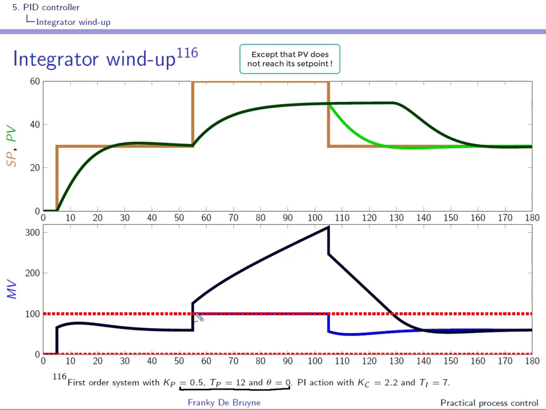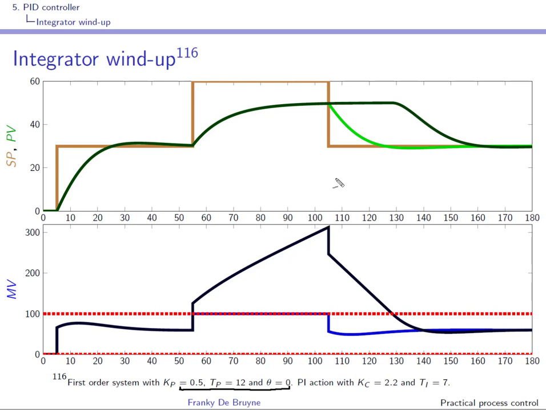But of course MV is limited, and what you see here is actually the open loop response of the system. It will evolve to a value of PV that is 50, since the gain of the process is 0.5. We have 100 here, so we'll have 50 over here, and this time constant is the time constant that we see over here, right? But the indication of wind up, you see it over here.